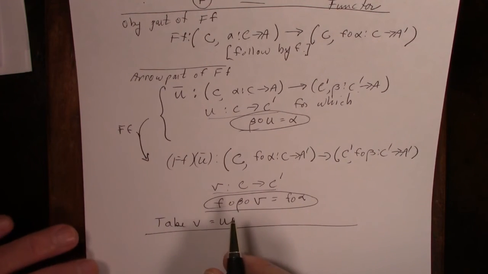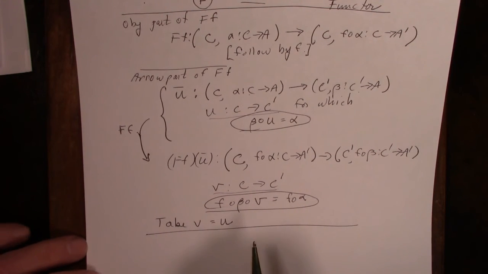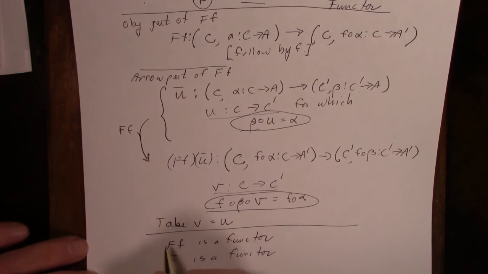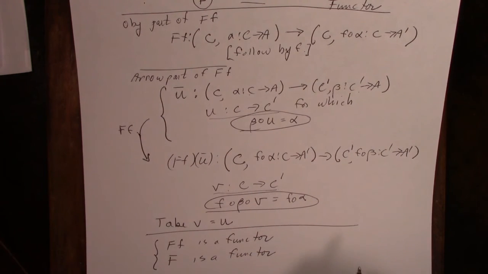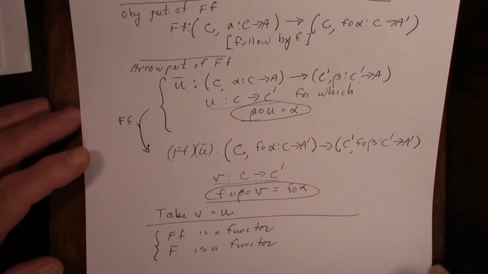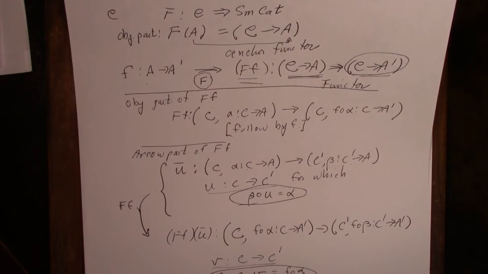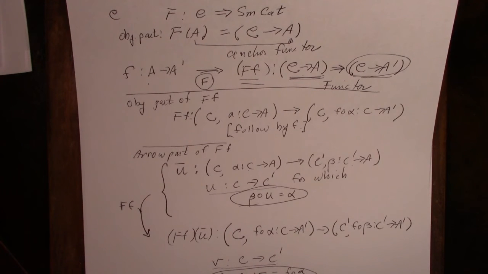What we need to do now is to verify that FF is a functor. And once that's done, we need to verify that F is a functor. And I'm going to leave it for you because it's going to take a while for all this to sink in.